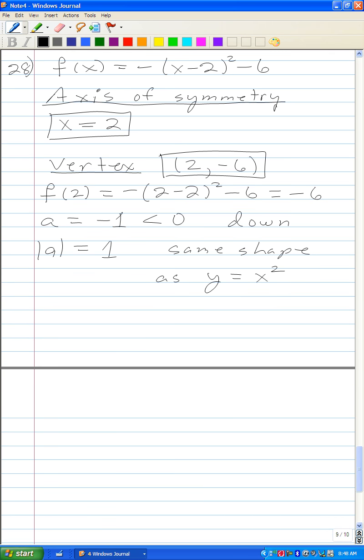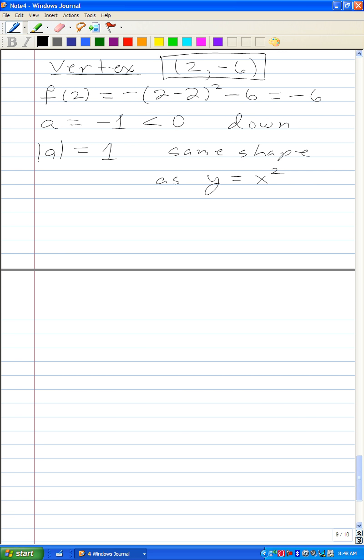So let's try to draw this. 1, 2, 3, 4, 5, 6. Okay, so the vertex is at (2, negative 6).